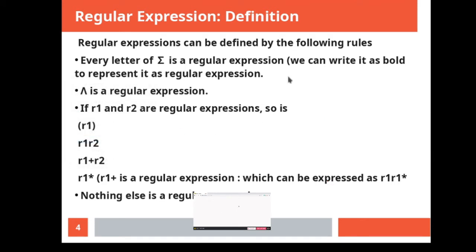So if I say that A is a regular expression and AB is a regular expression, and if I say their union is a regular expression followed by, let's say, BA is also a regular expression, so I concatenate these two, so this also becomes a regular expression, and then its Kleene closure is also a regular expression.